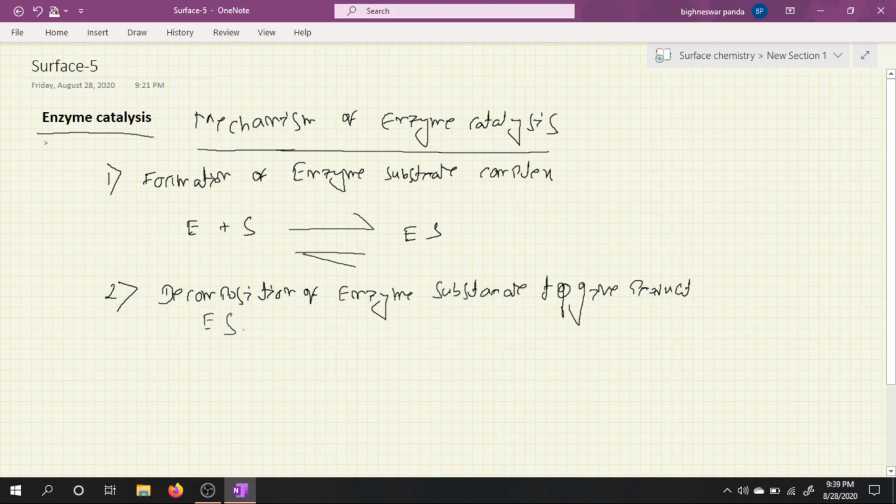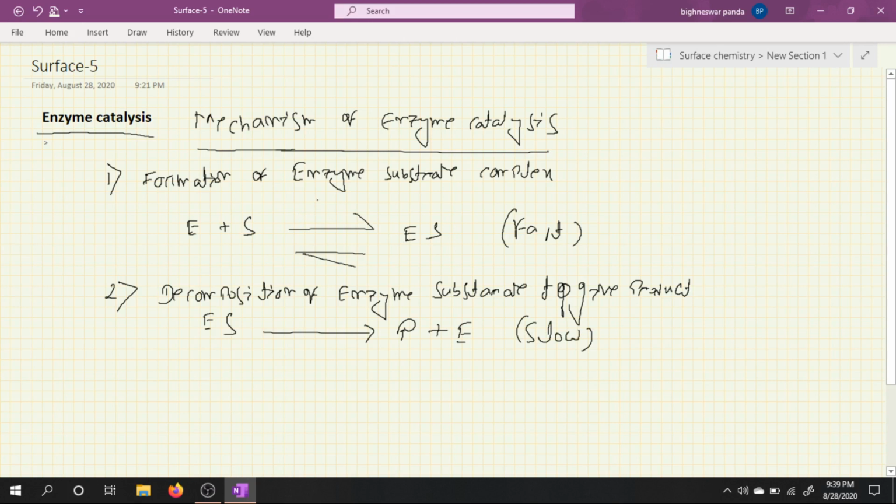Here ES tries to form product. So the first step is a fast reaction and the second step is the slow reaction.